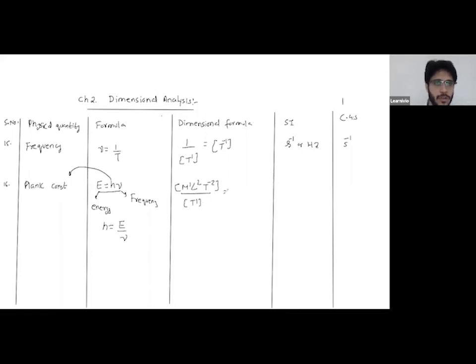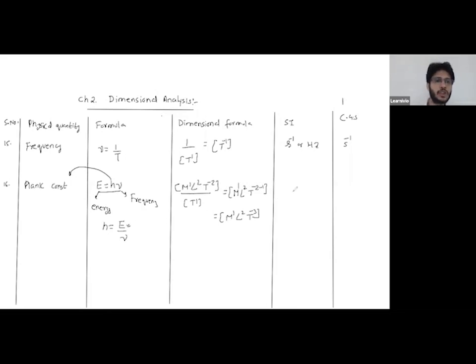Frequency is T minus 1, right? So combine. M1, L raised to 2, T raised to minus 1. No, it's going to be minus 3. It's minus 2 and 1 will come to numerator. It would be minus 2 minus 1. So this is M1 L squared T minus 2.